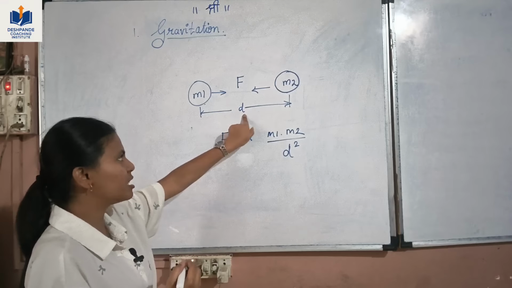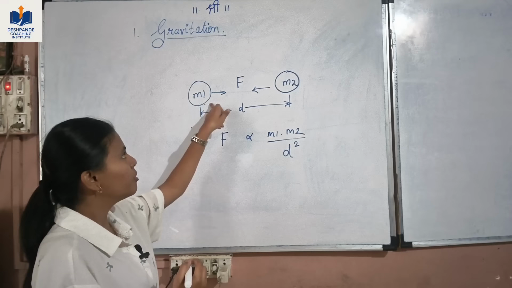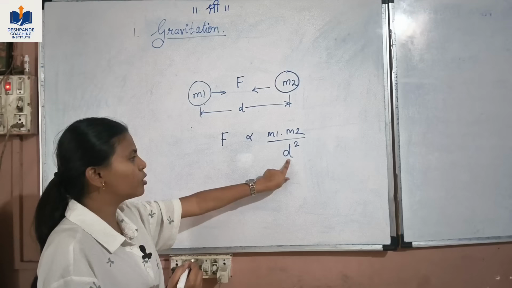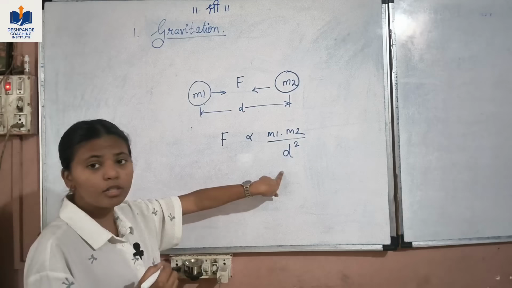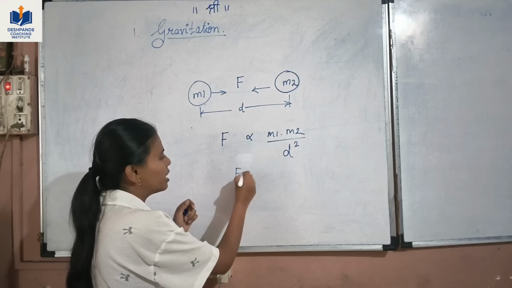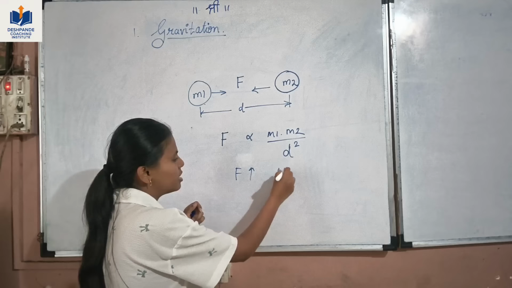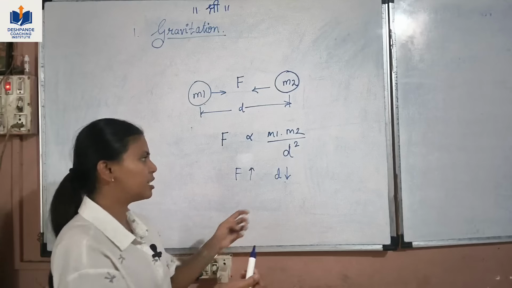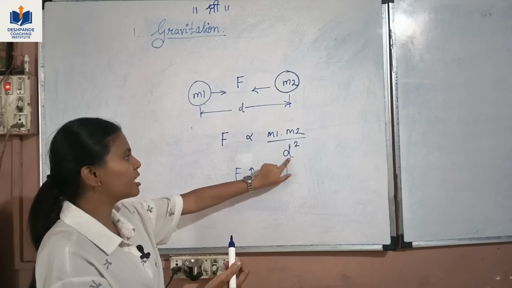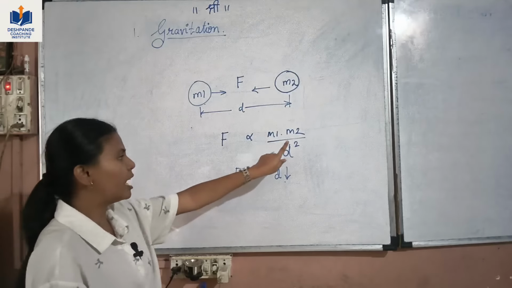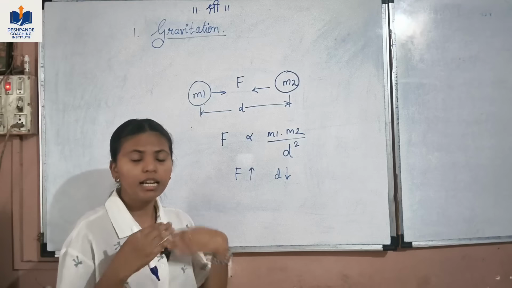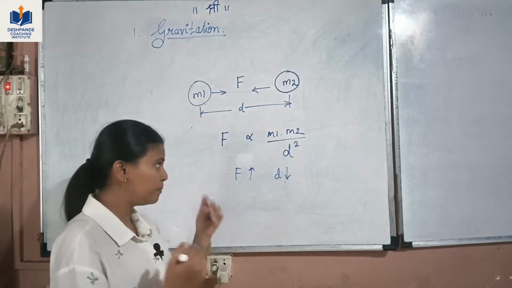If d is the distance between object 1 and object 2, then the force is inversely proportional to the distance square. Inversely proportional means when the distance decreases, the force increases. Whenever this distance decreases, the force will increase, and whenever the masses increase, the force will increase. I hope you understand direct and inverse proportion.